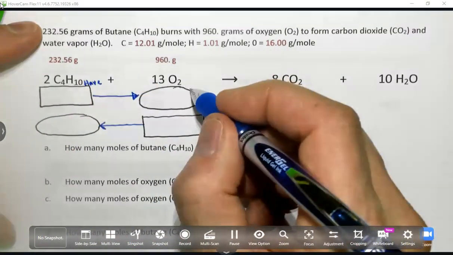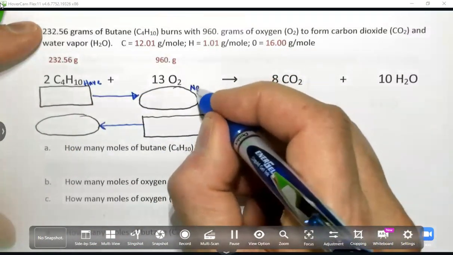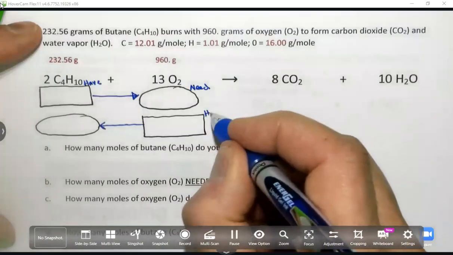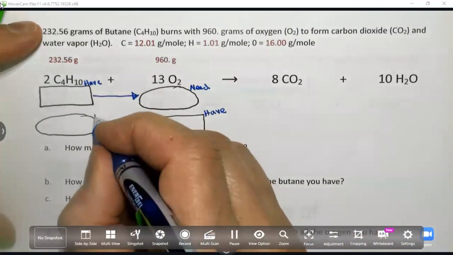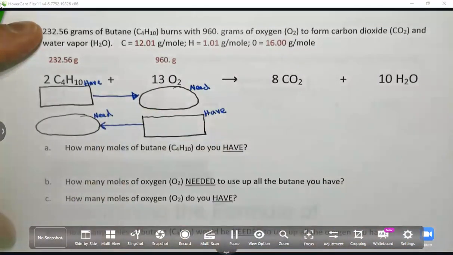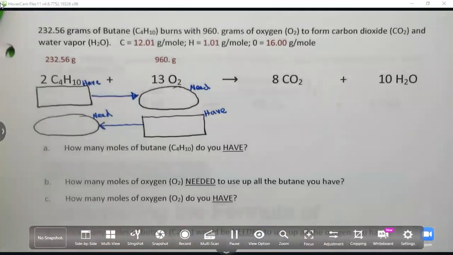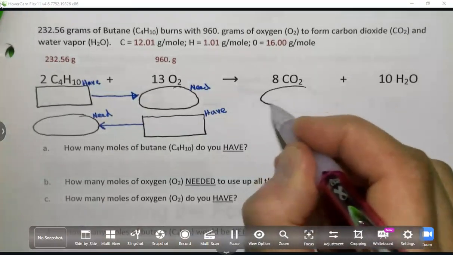I hope the oxygen is limiting, so we're not doing the same one all the time. Then eventually you're going to figure out your moles over here.